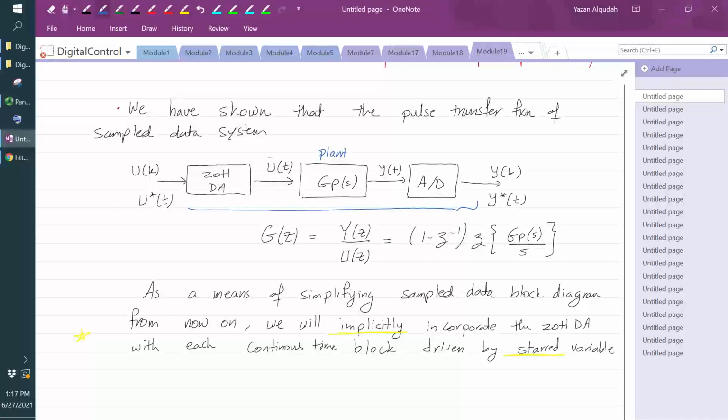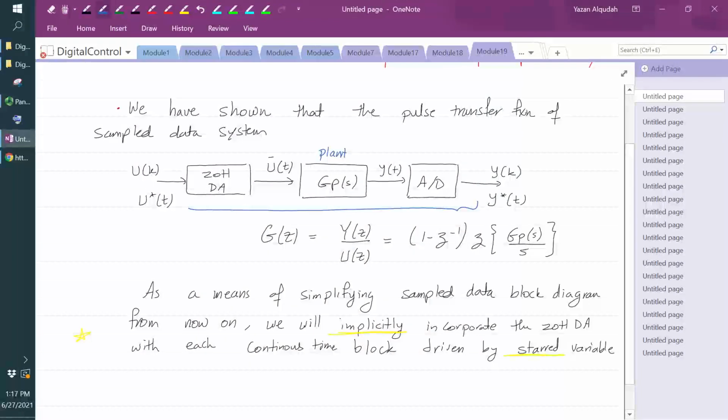Now, one thing we're going to do, just to simplify the notation, is implicitly incorporate the zero order hold digital to analog converter with each continuous time block driven by a star variable.